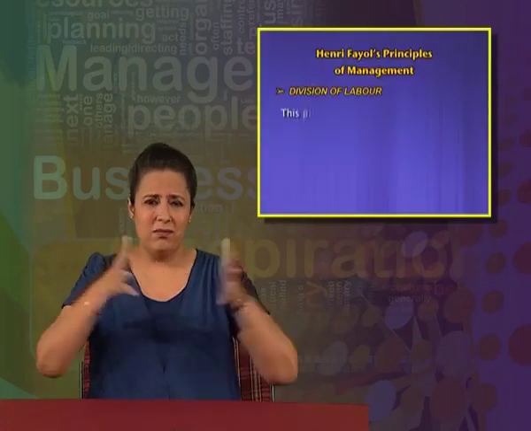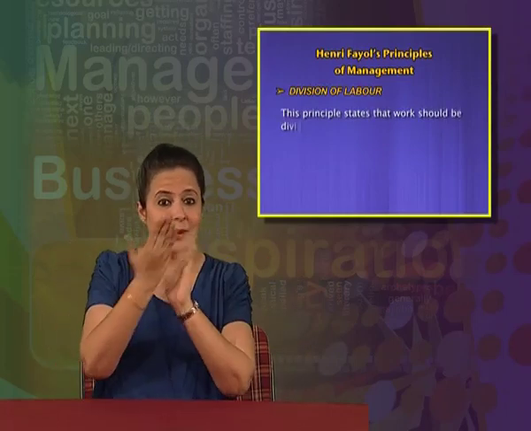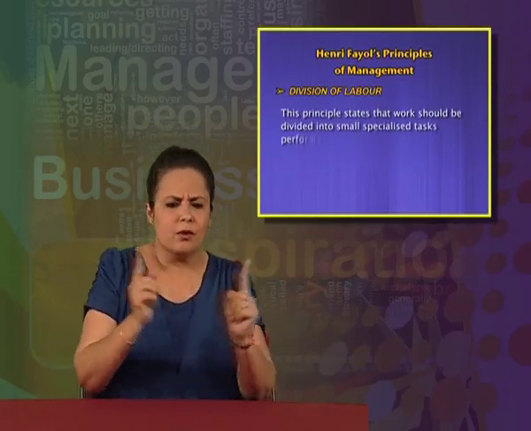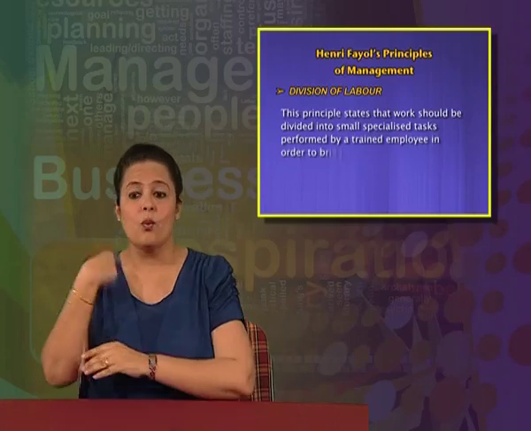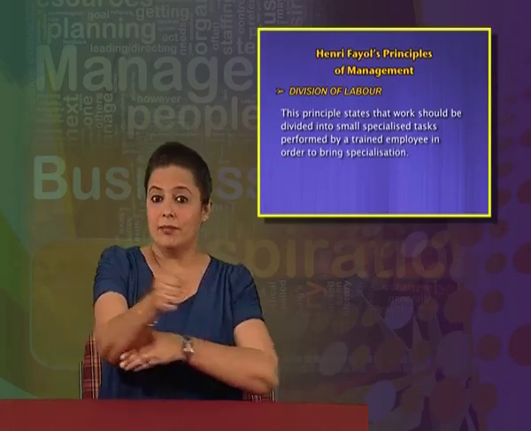Now, the first principle of general management is division of work. This principle states that work should be divided into small specialized tasks performed by a trained employee in order to bring specialization. This idea comes from the companies having various departments for finance, marketing, production, personnel, etc. These departments have specialized persons, which brings efficiency and helps in the achievement of organizational objectives.